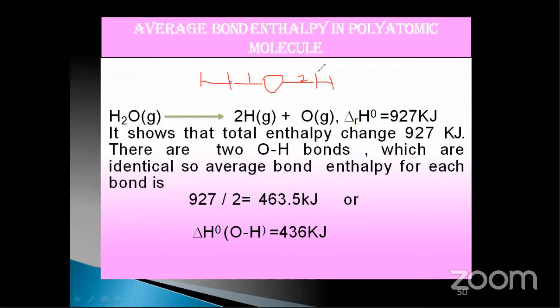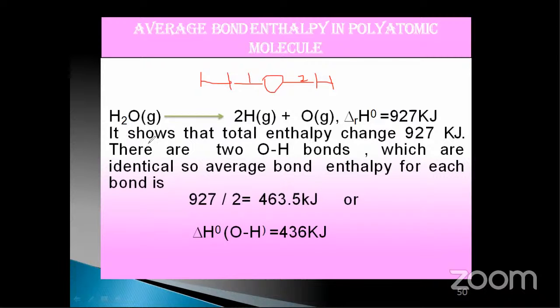This takes place in the case of a polyatomic molecule, म्हणजे जिथे जास्त atoms present असतात अशा molecule मध्ये बॉन्ड ब्रेक करण्यासाठी, बॉन्ड जरी सेमच असले, म्हणजे दोन्ही बॉन्ड सेम आहेत OH आणि OH, तरी सुद्धा इथे बॉन्ड ब्रेक होण्यासाठी लागणारी एनर्जी वेगवेगळी आहे. And in such cases the average of these 2 bonds is considered, and that is known as the average bond enthalpy.